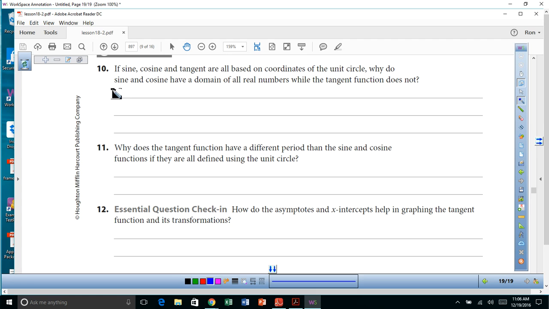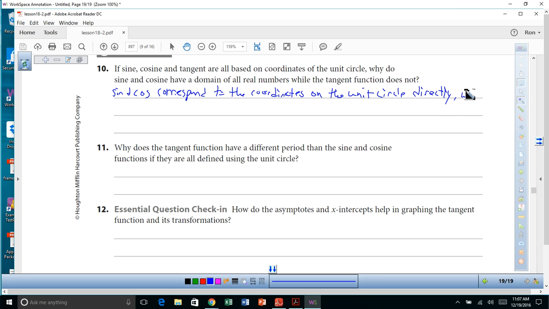So let's see, sine and cosine correspond to the coordinates on the unit circle directly, which have value for all angles.